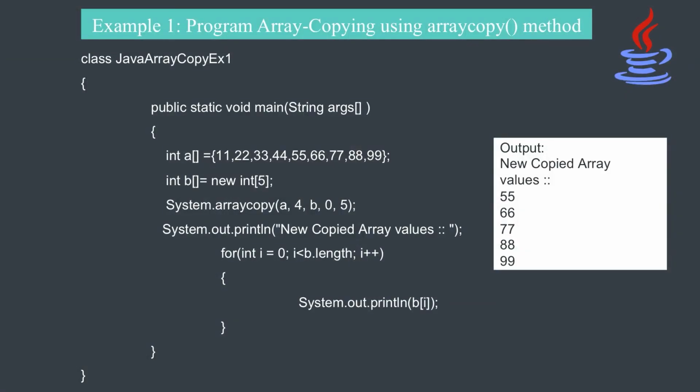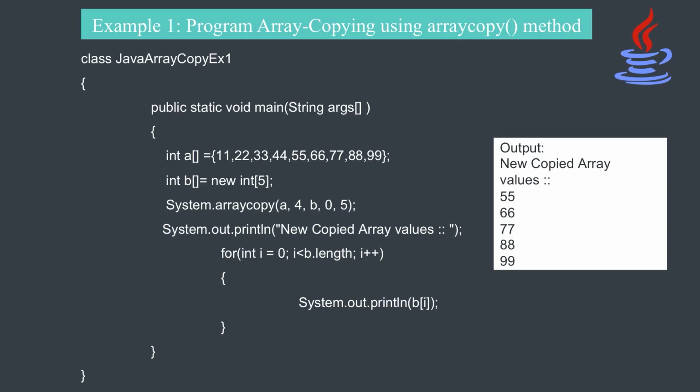Let us understand with the help of an example. Here I am taking an array A with initialized elements 11, 22, 33, 44, 55, 66, 77, 88, 99, a set of 9 elements in total. And I am taking another array B whose size is 5. Here I will apply the static method System.arraycopy.